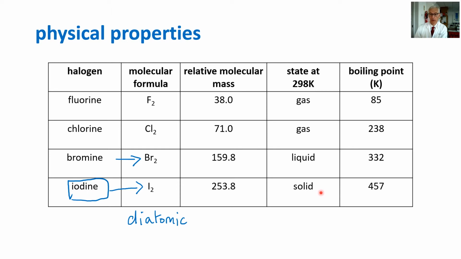I haven't given you melting point data, but bromine is a liquid and iodine is a dark grey crystalline solid at room temperature. But what you should notice is that there is a trend down the group of an increase in boiling point.